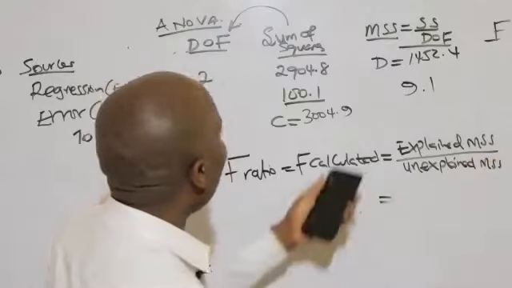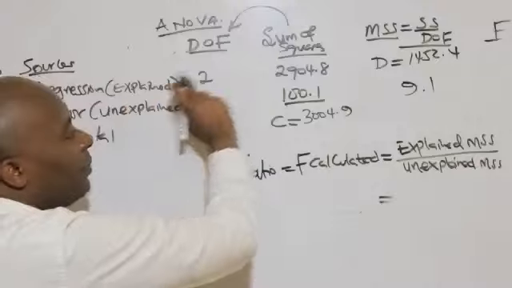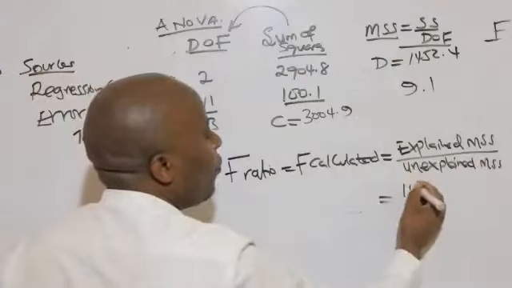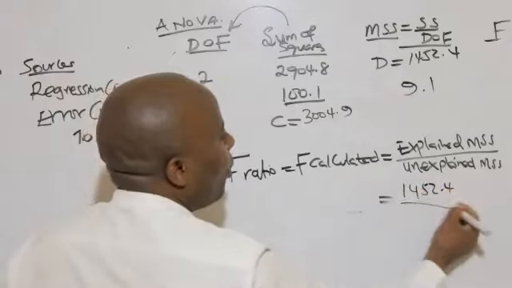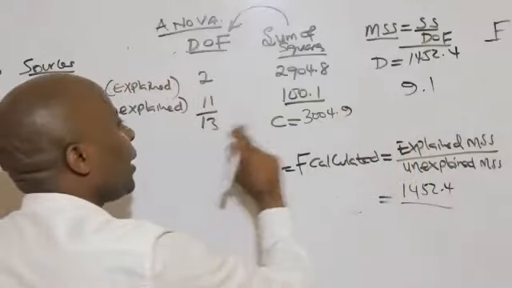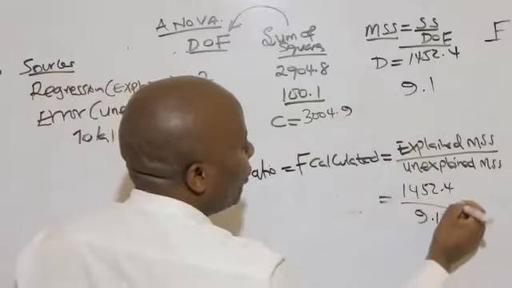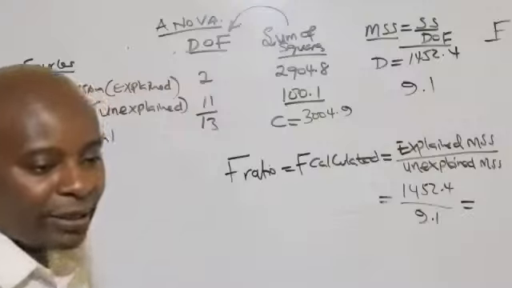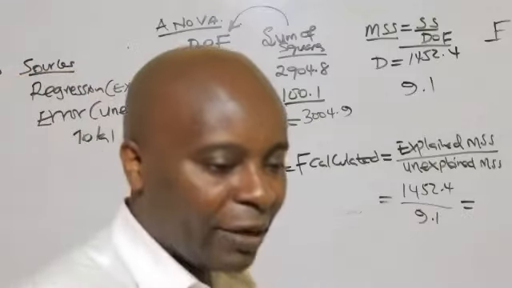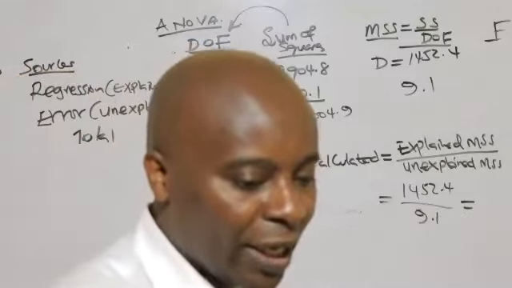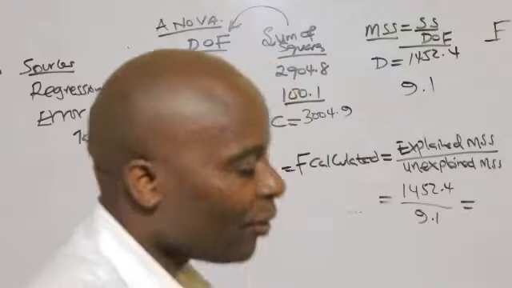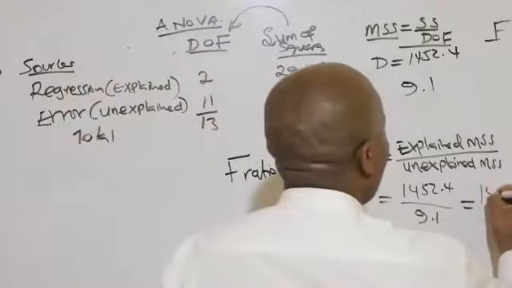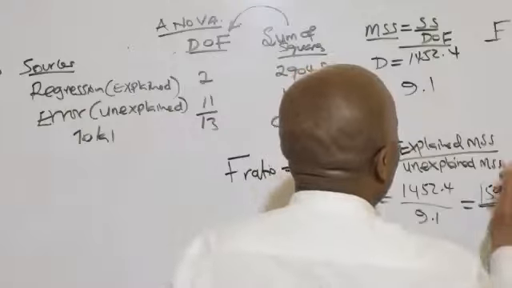So the explained mean sum of squares is 1452.4, all over the unexplained MSS, which is 9.1. So what figure are we able to get there? I'm being given a figure of 159.6. And that is it.